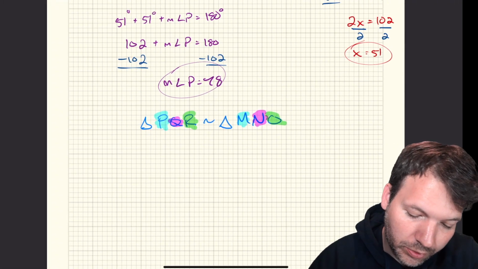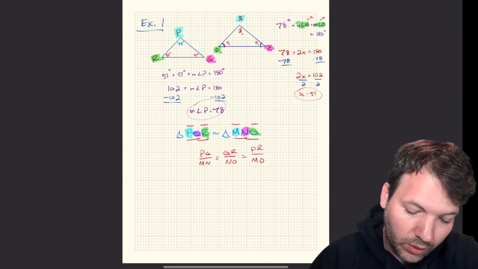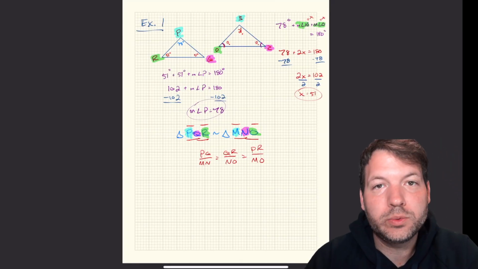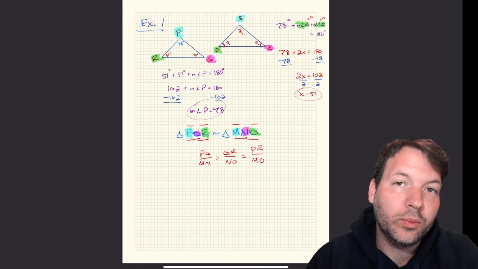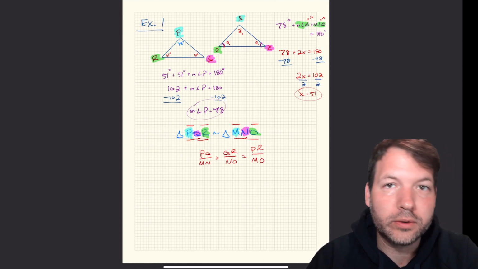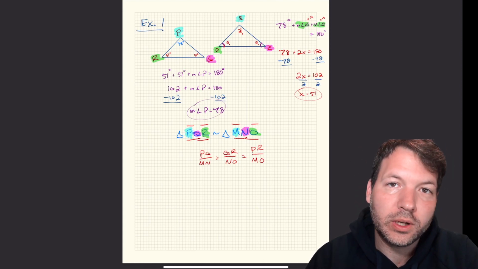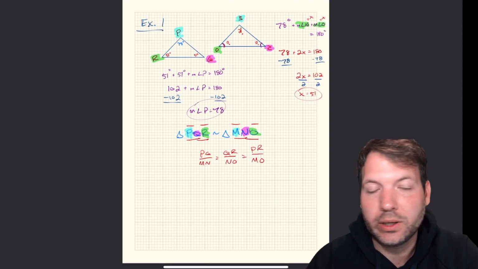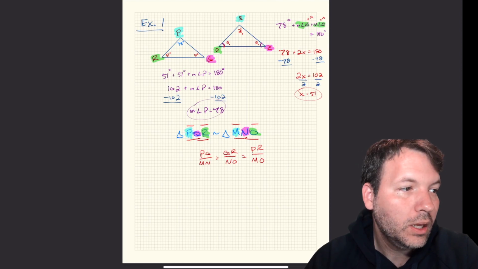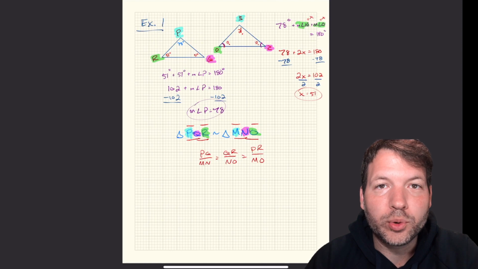This would also lead us to our different proportions if we needed them. So all of this becomes true once we demonstrate similarity. Or again, we can demonstrate the congruent angles to get similarity, or demonstrate the proportionality to get similarity. It works either way. Take a moment and work out check your progress number 1.